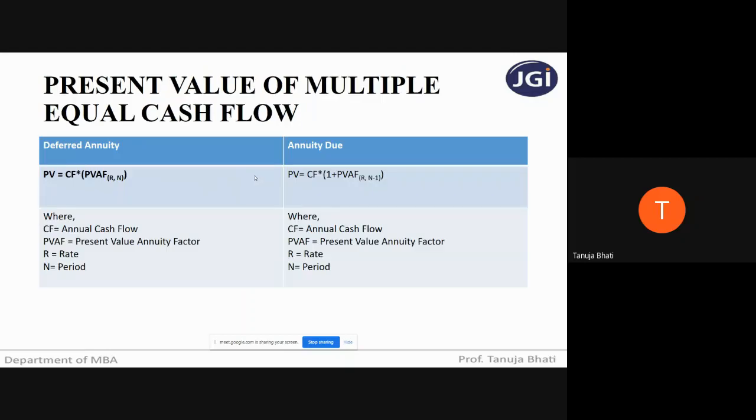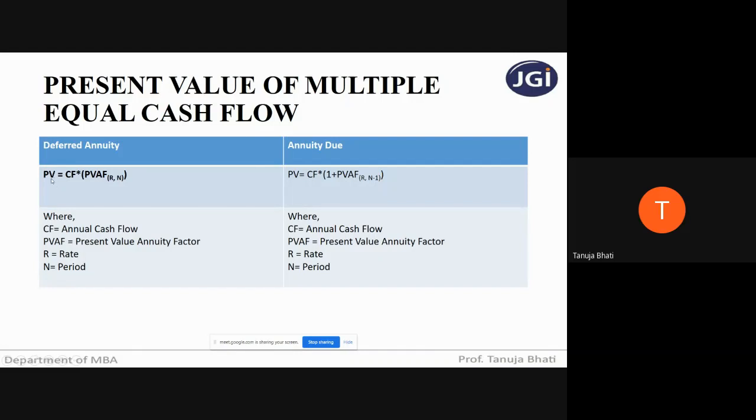Next is to calculate present value of multiple equal cash flow. When it is multiple equal cash flow, there is one more name given in financial management that we call an annuity. An annuity can be ordinary, arising at the end of the period, or annuity due, arising at the beginning of the period. If it is an ordinary annuity, what formula are you going to use?